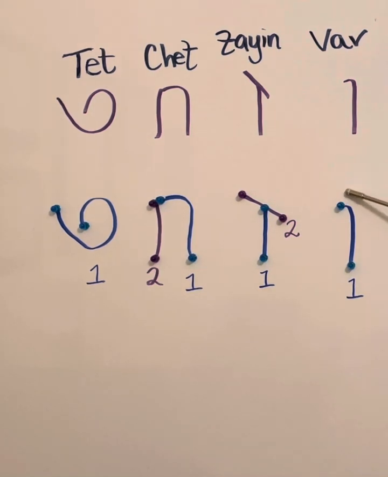So again, from top left to bottom right, just come down for your first step for Vav. Now, I'd say in general, half the time the Vav will have that V sound, and the other times it's going to have a slightly different sound.